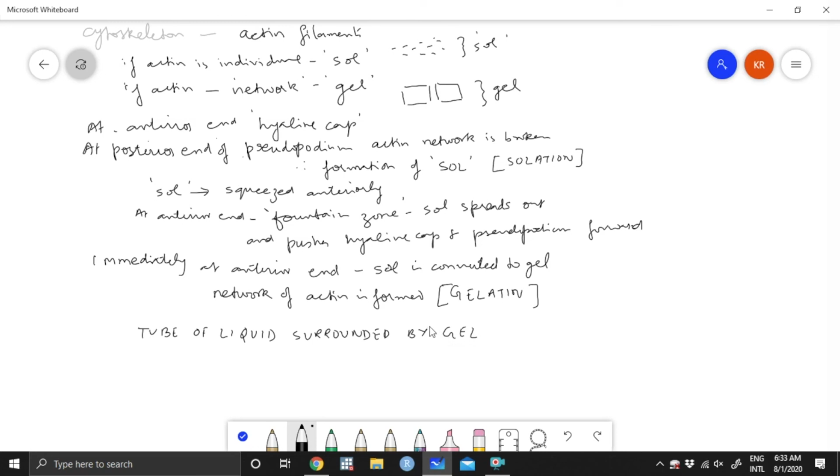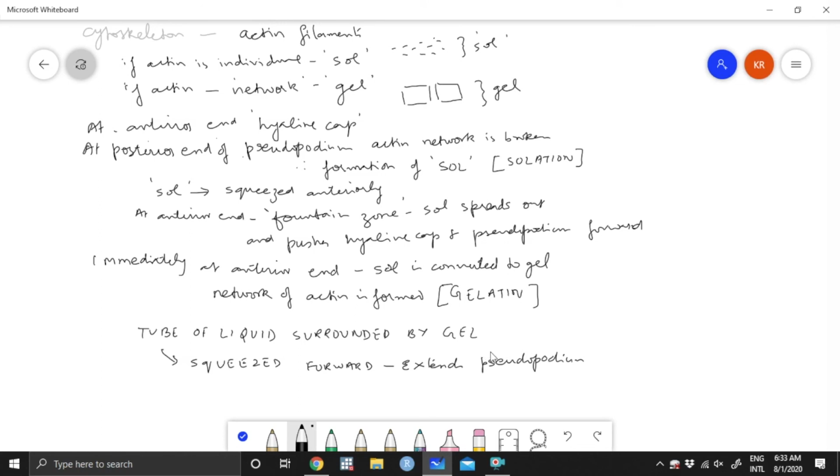There is a tube of liquid surrounded by gel, and this tube is squeezed forward, and this extends the pseudopodium. And this is how it can move ahead.